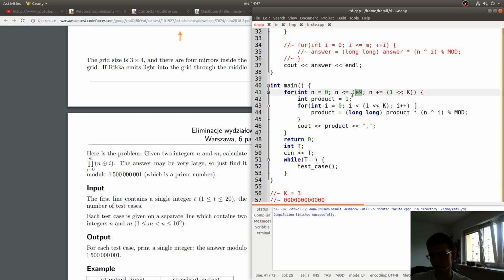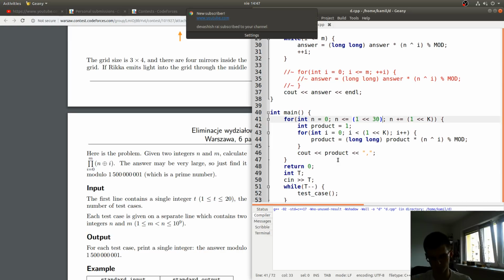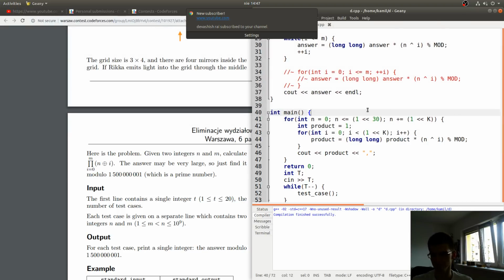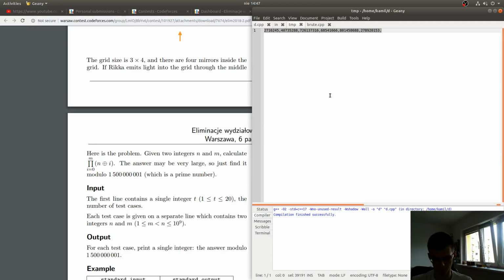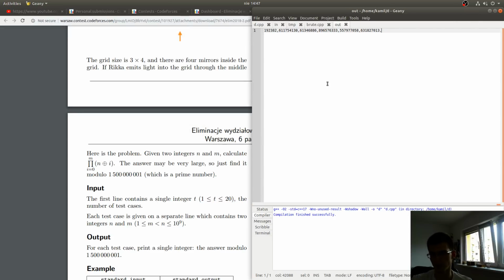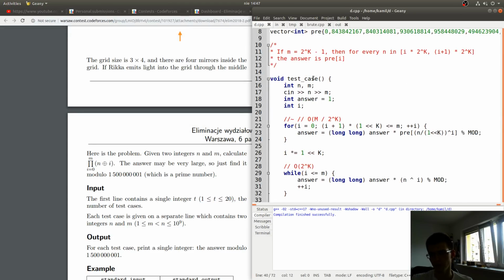So here let's change that to 2 to the power 30, so it will be slightly above 1 billion. Okay, let's do pre-processing again. This time I wrote it to the file out instead of TMP.